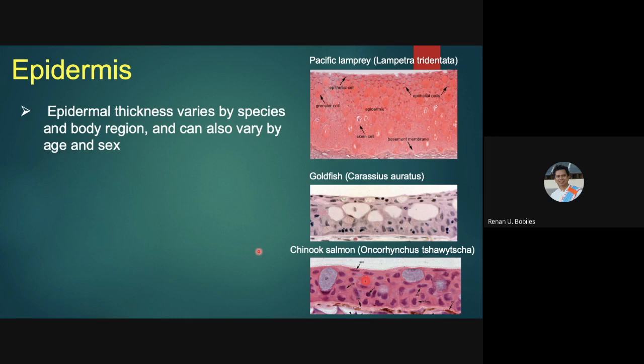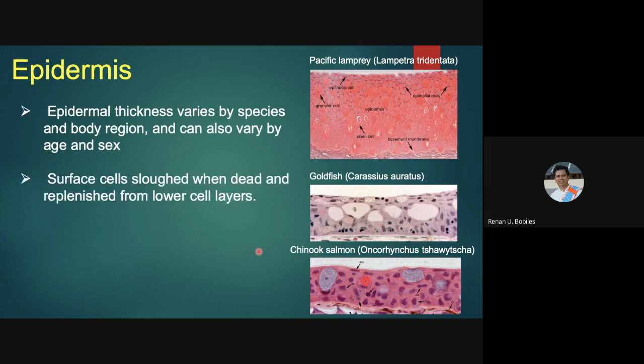Hindi kagaya ng terrestrial vertebrates na yung upper layer niya ng epidermis is dead. Okay? Keratinized. Yan. Surface cells are sloughed off when dead and replenished from lower cells.